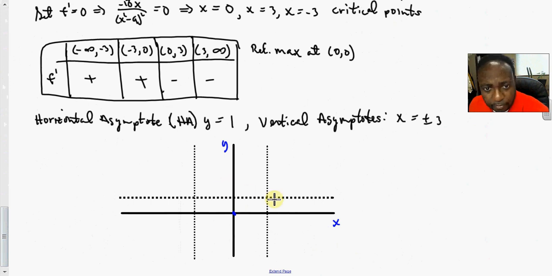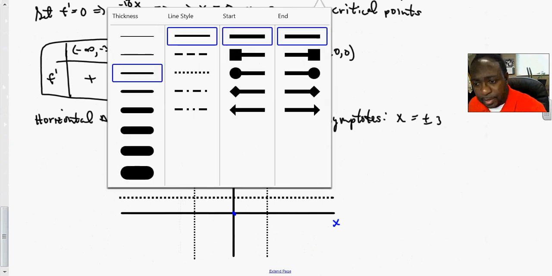Anyway, I'm getting frustrated. So let's just graph the crappy thing, all right?